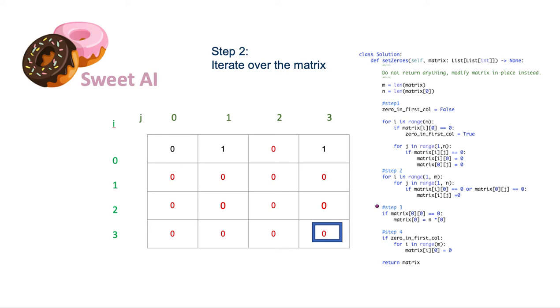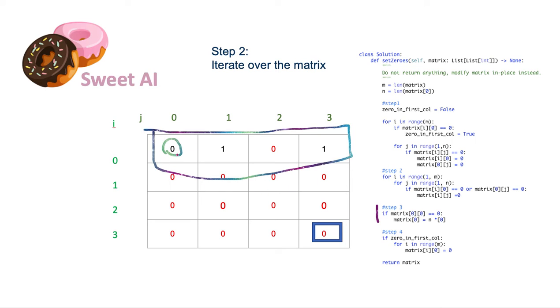And the third part, as I mentioned, we need to check the first row and make sure whether the first row needs to be set to 0. So as you see here, we are going to check just this element because it's shared by the column and the row.